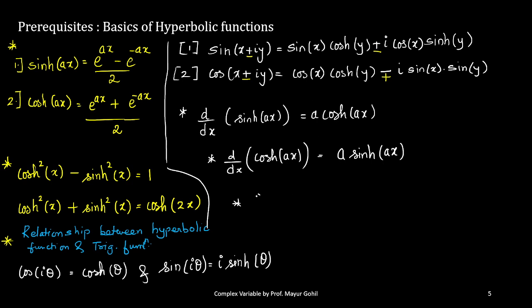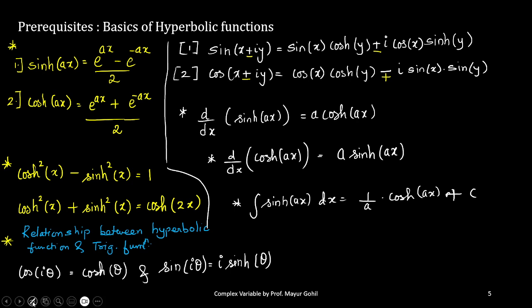So integration of sinh(ax) dx is 1 upon a cosh(ax), and you can write here plus c, but this plus c, the constant of integration, won't pose much difficulty, so don't worry.